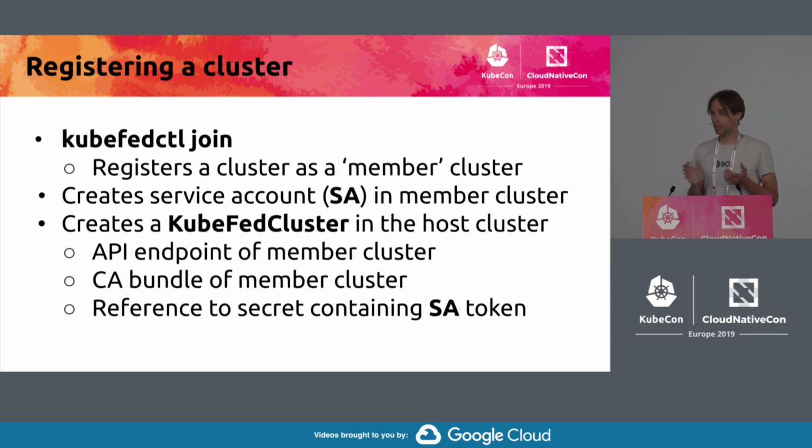In the case of a namespace scoped federation, that'll be actually localized, but in the case of cluster scope federation, where you can manage any resource in that cluster, we're actually going to be granting cluster admin, and we'll talk about the implications of that later.